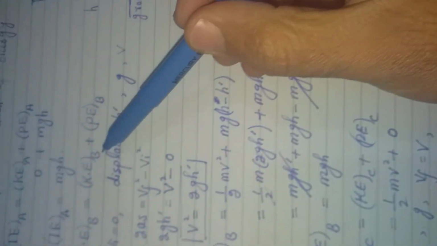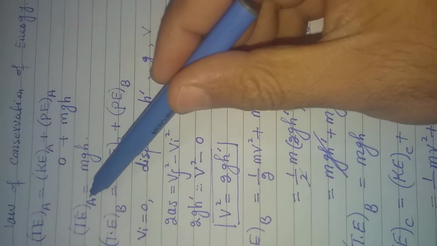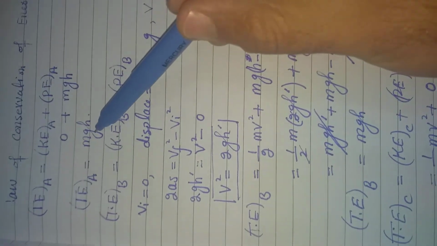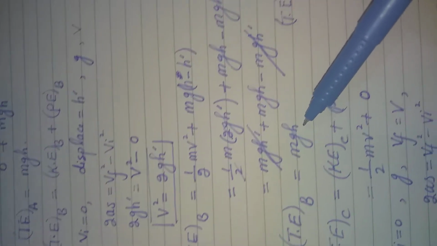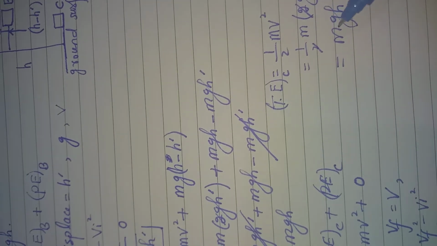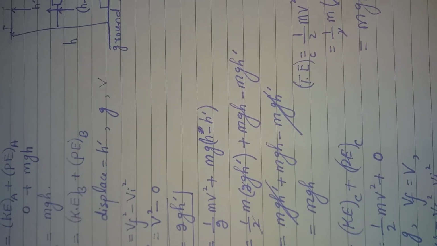So at point A we derived that the total energy is mgh. Similarly at point B the total energy is mgh, and similarly at point C the total energy is mgh.